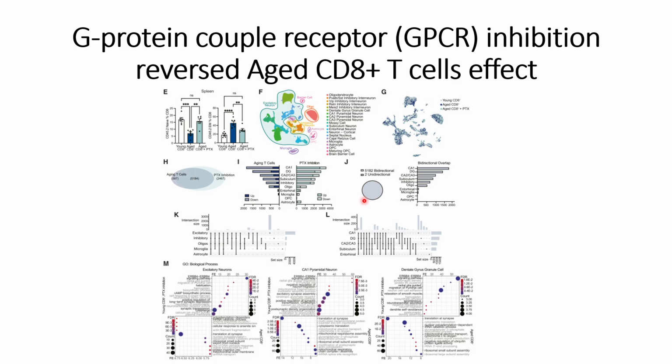Afterwards, they wanted to find out which genes have this bidirectional functionality, and they can see that around 5182 genes are found to be bidirectional, whereas only 2 genes are found to be unidirectional. And out of these bidirectional genes, CA1, DG, and CA2, 3 are dominant, as expected, because these are the ones that play a major role in this PTX inhibition and also in the aging T cells alone.